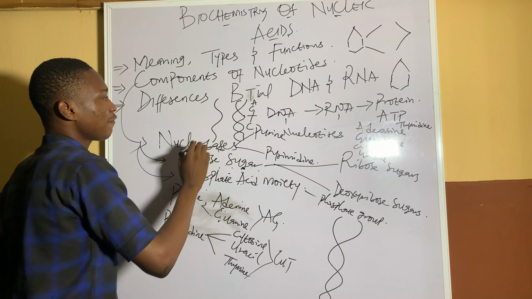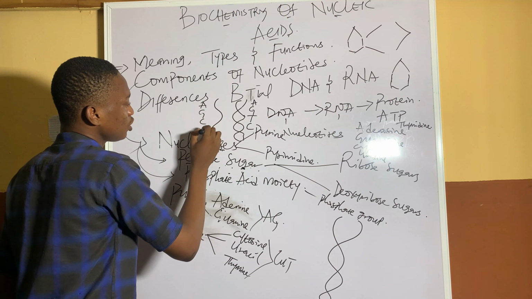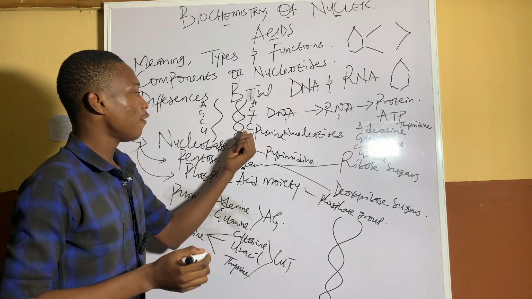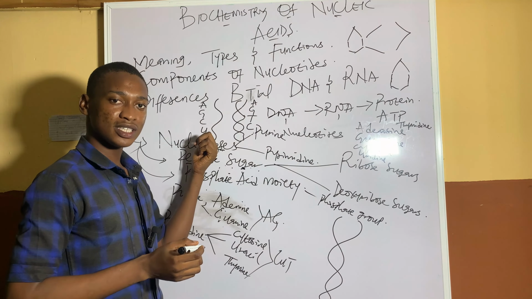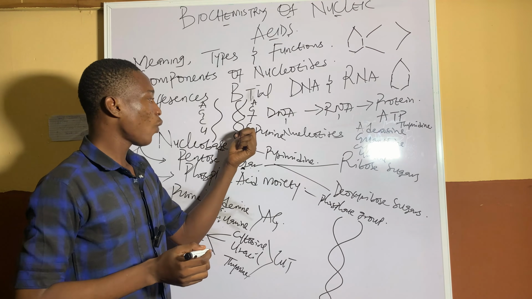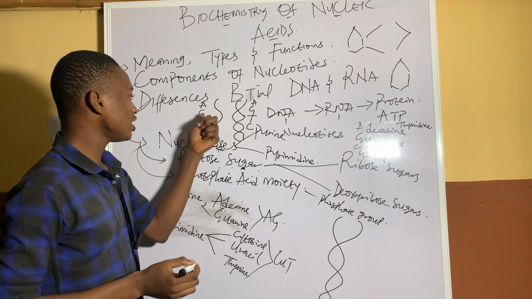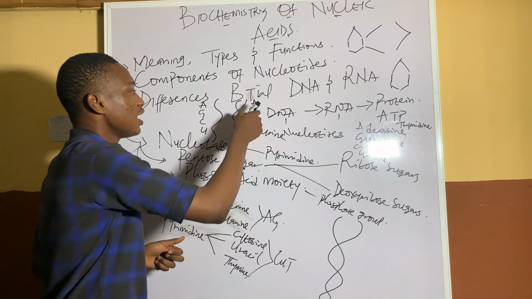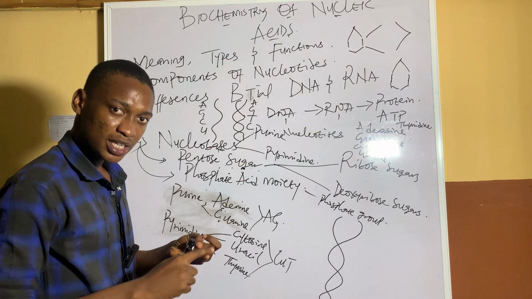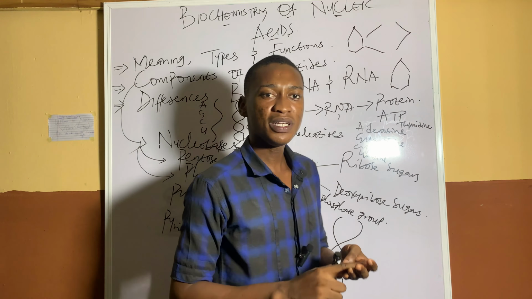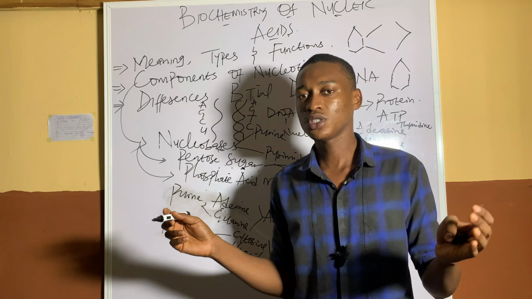Meanwhile, bases that are found in RNA are A, G, C, U. In other words, thymine in DNA is replaced with uracil in RNA. You understand? While AGTC is present in DNA, AGCU is present in RNA. That means thymine is replaced with U in RNA. We say that DNA is double-stranded, RNA is single-stranded. In the bases, uracil replaces thymine in RNA. Are we together? Those are the differences.